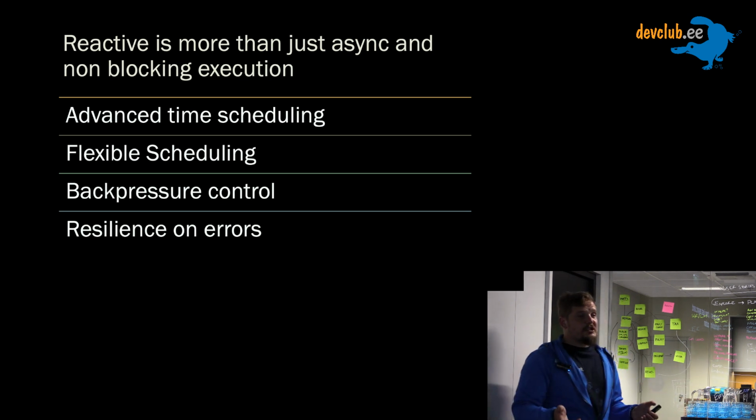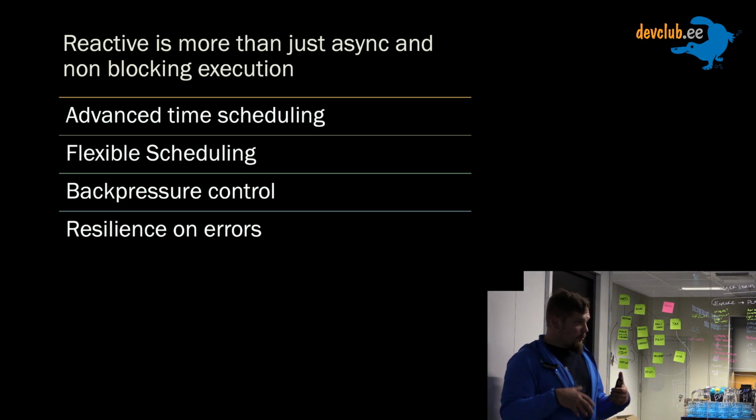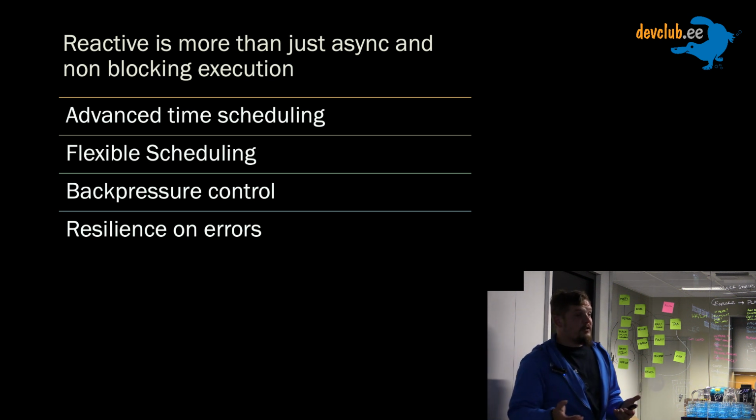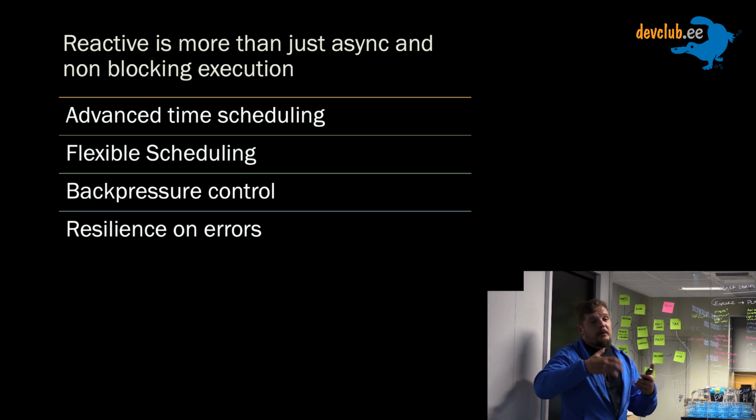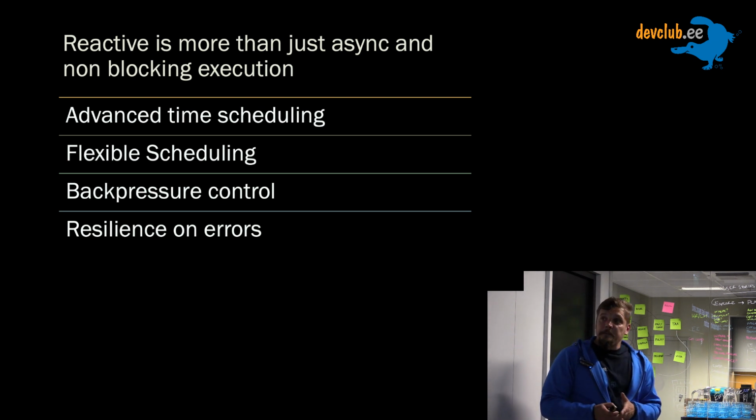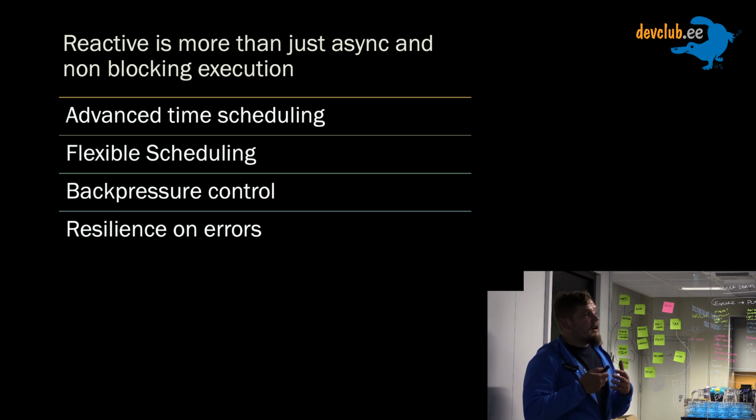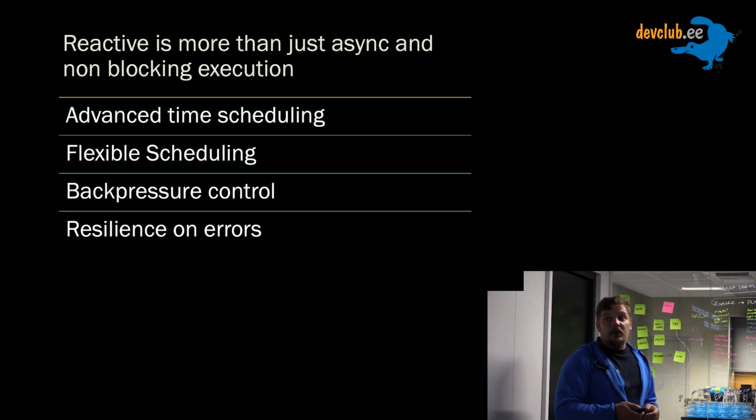It's very hard in a natural way to work with all those kinds of units of work, because you will probably have some time sleep and so on. So the reactive engine gives you the possibility to precisely schedule execution of your units of work.